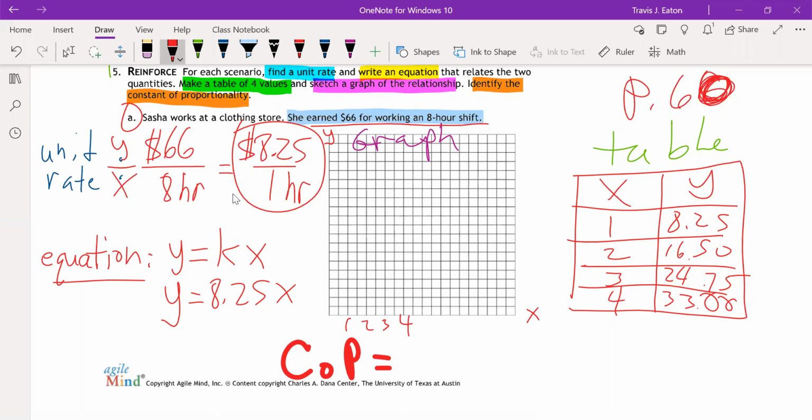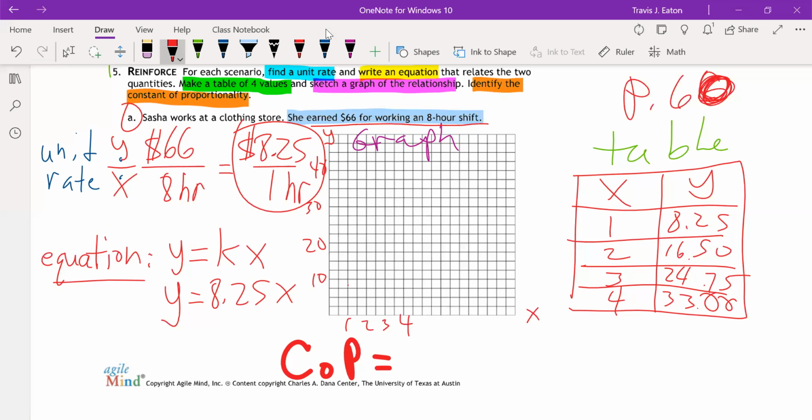And at $8.25 per hour, I think 5, 10, 15, 20, 25, 30, 35, 40, however you need to graph this out. 1 hour is $8.25, so about there.